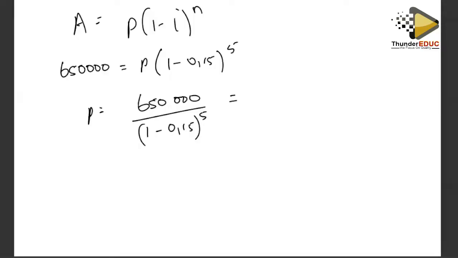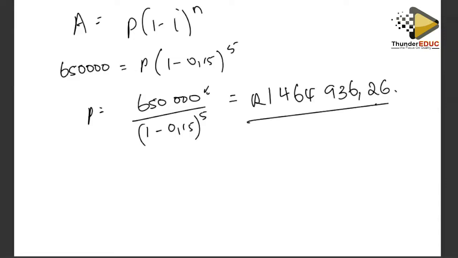Did I say smaller? It's supposed to be more. So we're going to get 1,464,936.26. So 1 million and all those numbers.